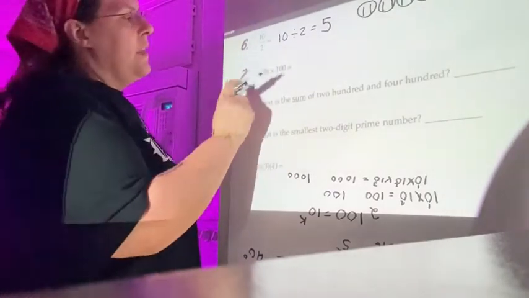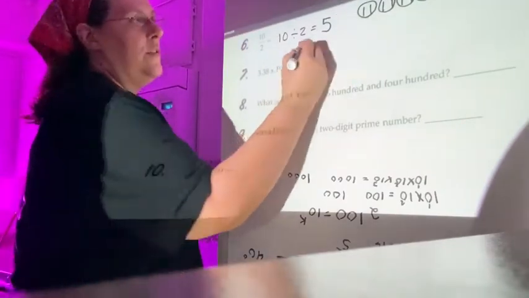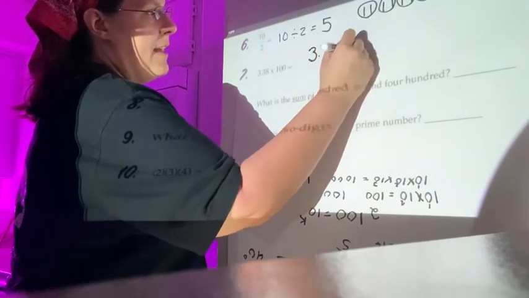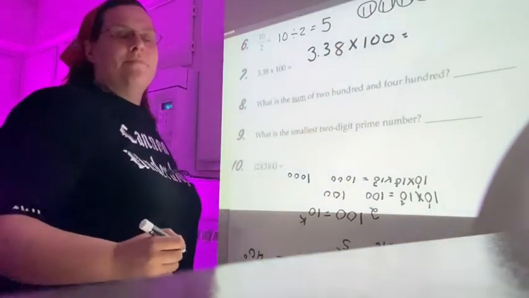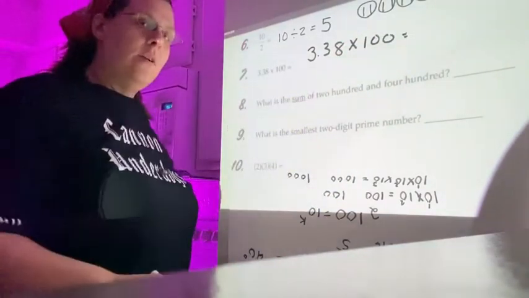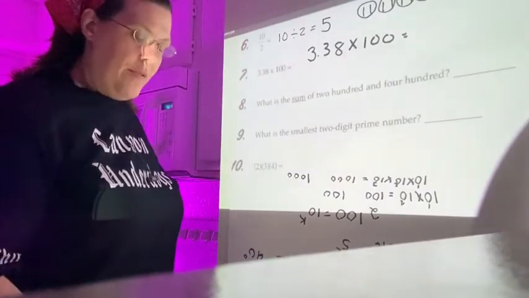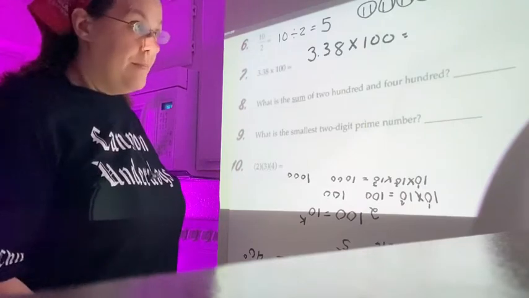Number 7, 3.38 times 100. Just so you guys can see it a little better. 3.38 times 100 equals. We can do this. Let's do it on our tool first, and then let's understand it. So we have 3.38 times 100.